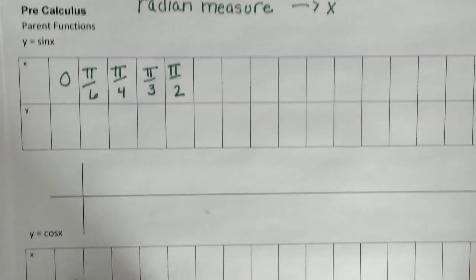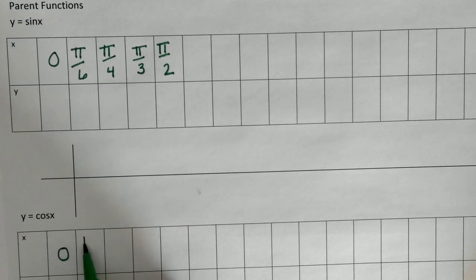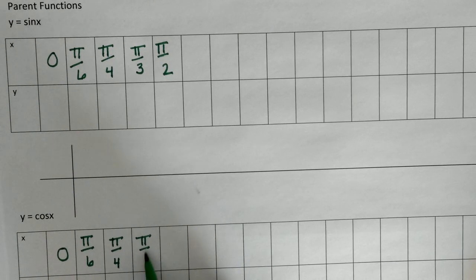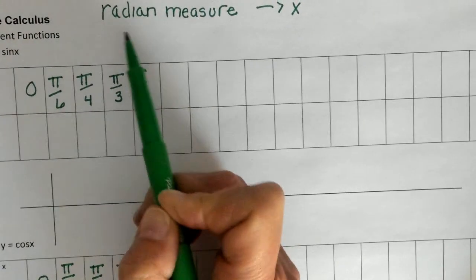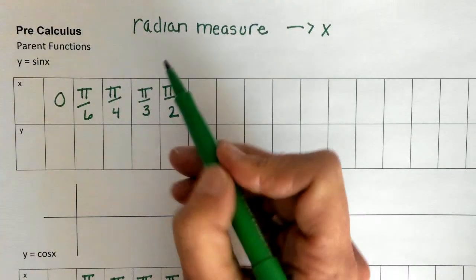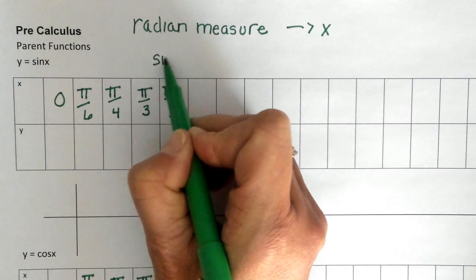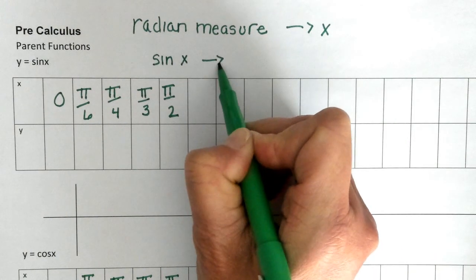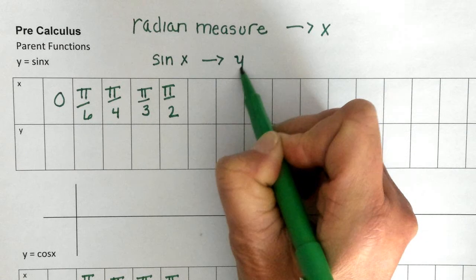You're going to do the same down here for this x. So the radian measures go in for x. Then you find the sine of each of those measures, and that will give you your y.